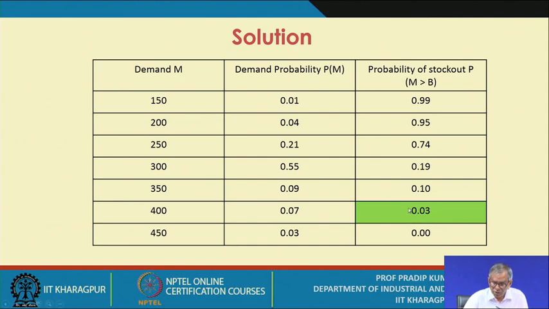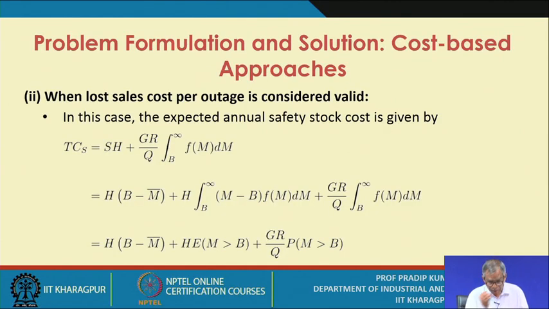Against 0.03 we have a stock of 400, and against a stock out probability of 0.10 you have a reorder point of 350. So obviously you opt for 400 units as your reorder point.